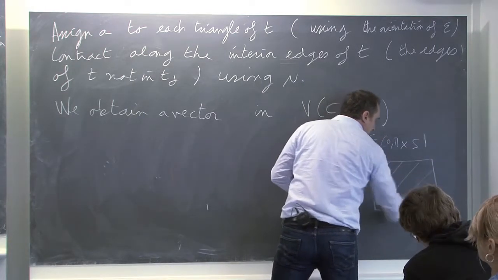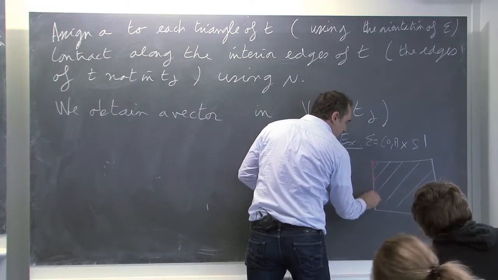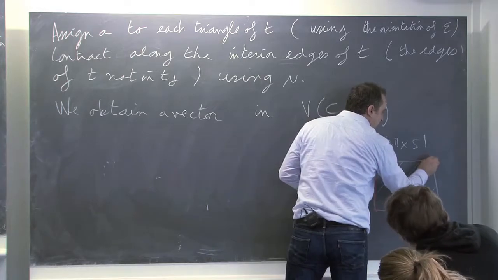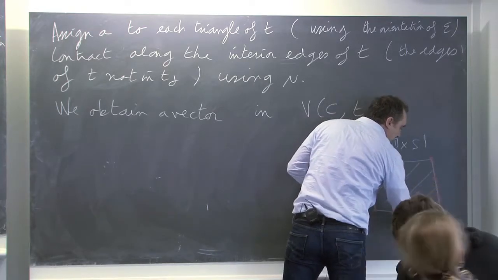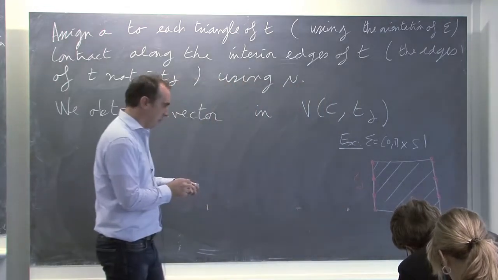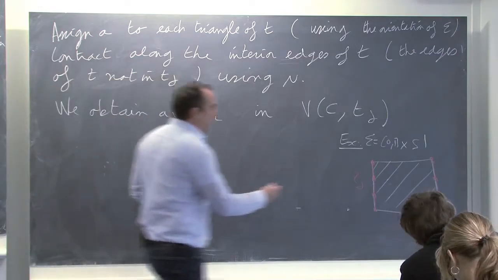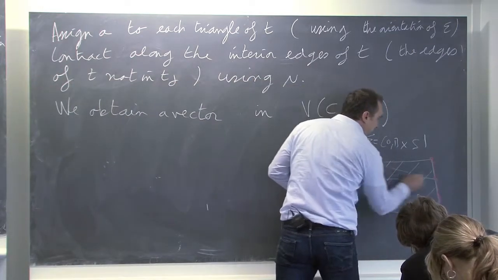You consider the square and the triangulation of this boundary, T_delta, and the triangulation T extending that of the boundary. You take for example this one.